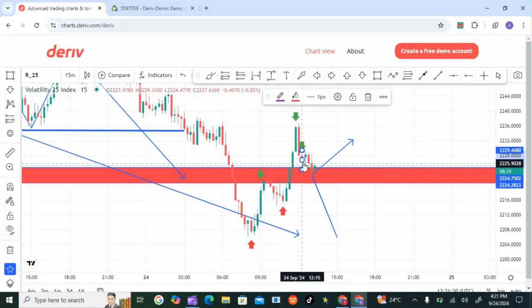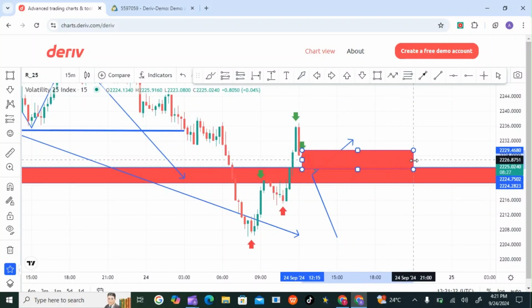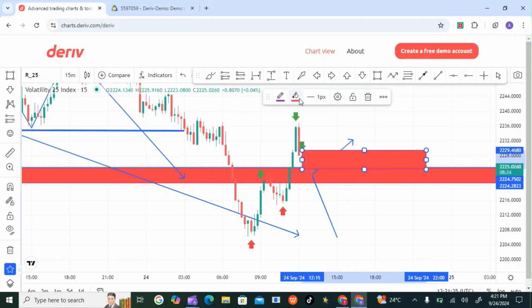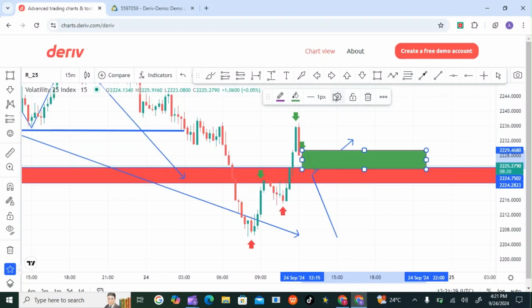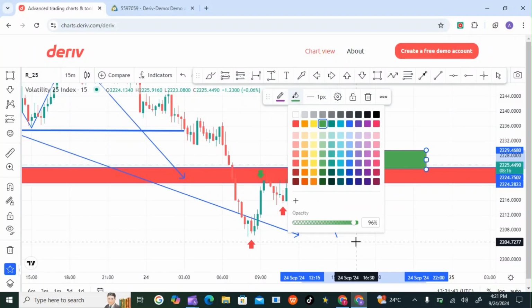So I'll just pull that and press color and the opacity, let me just reduce it.